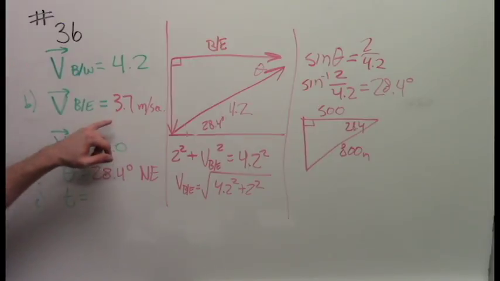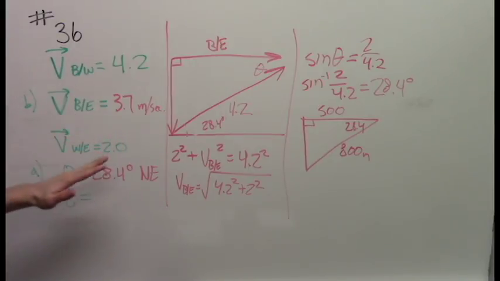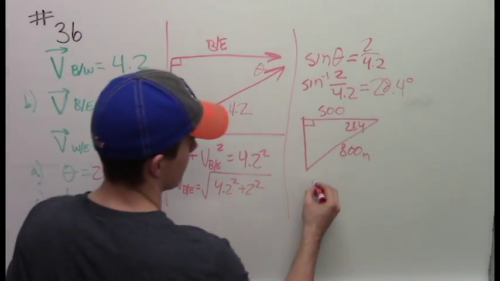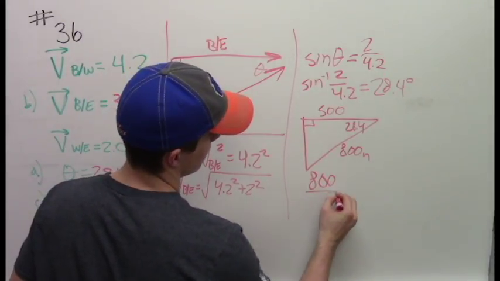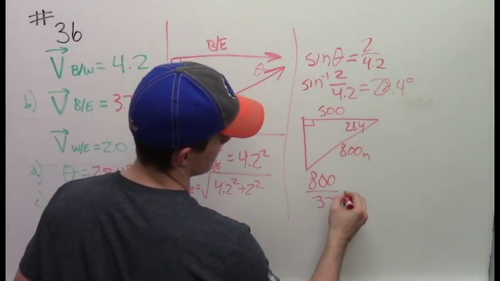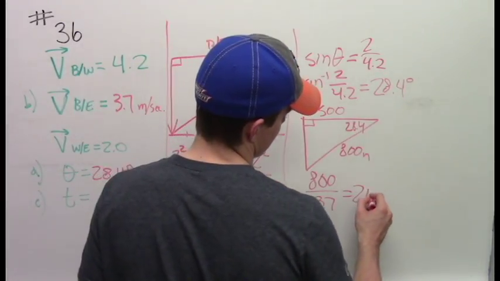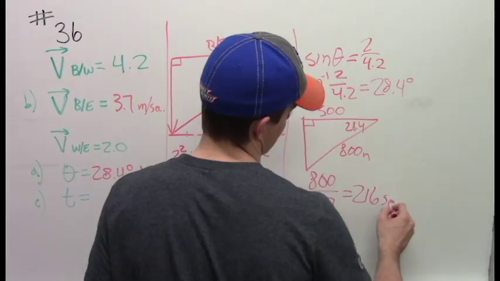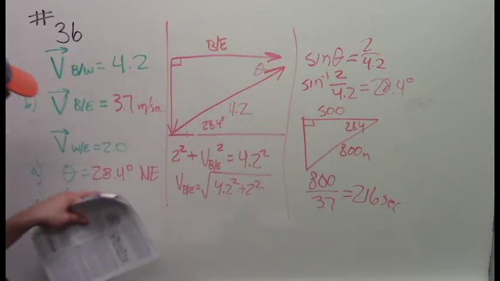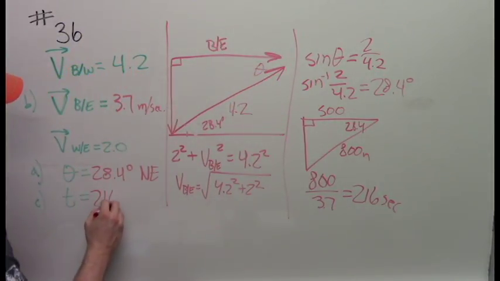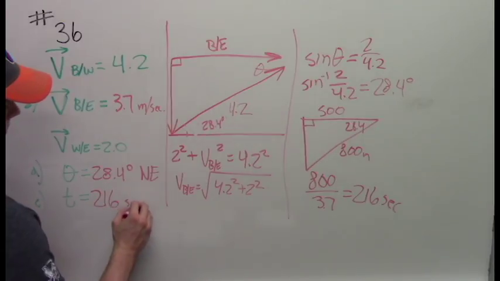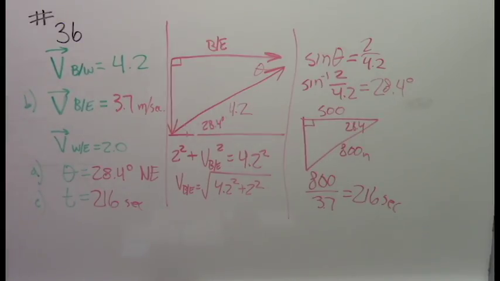And since the boat relative to the earth is traveling at a speed of 3.7 meters per second, we just go 800 divided by 3.7, and we punch that in the calculator and get 216 seconds. That's how long it takes to get across the river. So that's part A, B, and C.